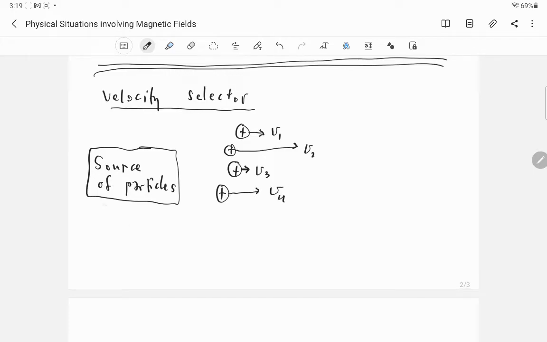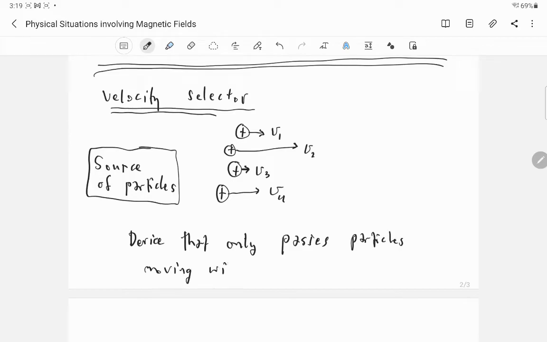And I want to make a device that only passes, or filters out, particles moving with a specified speed.